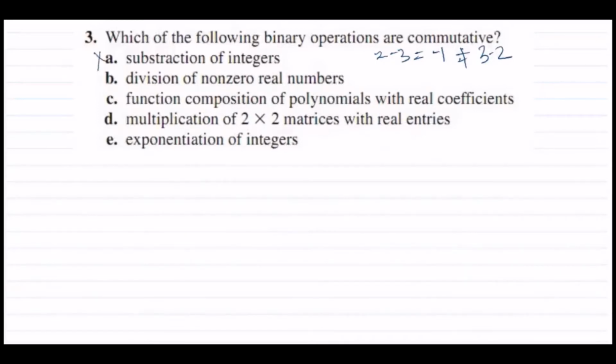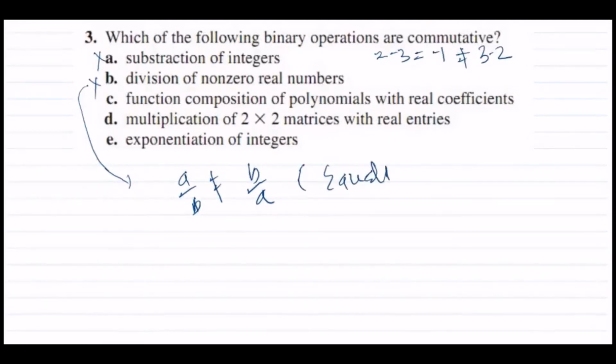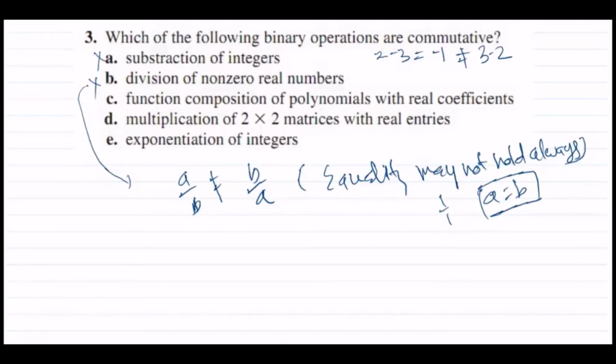Division of real numbers. Of course, we all know that A by B is not always equal to B by A. So this equality may not hold, unless both A and B are the same, that is 1 and 1, or A equals B. Only in this case it may hold, otherwise it does not hold.